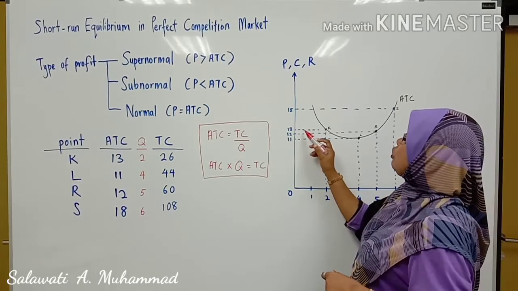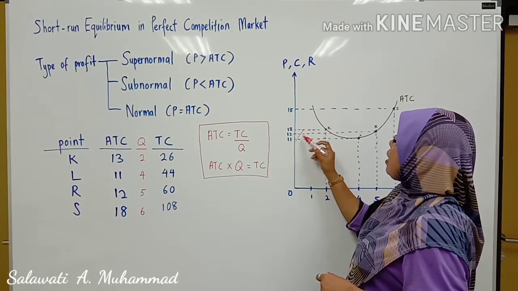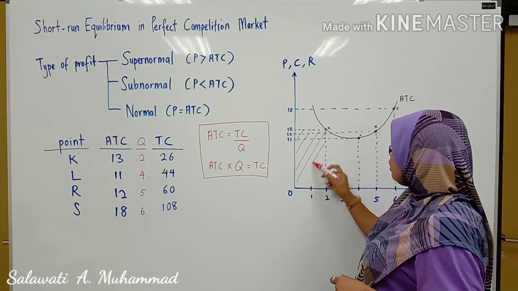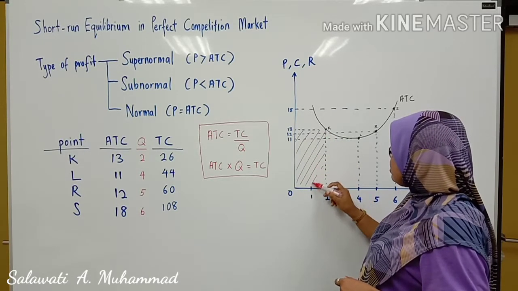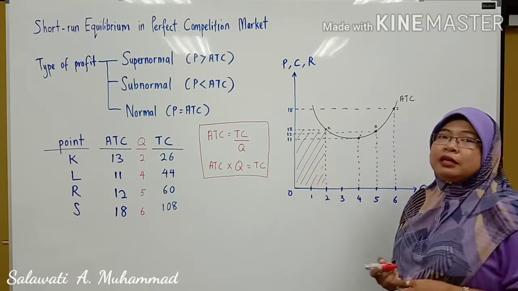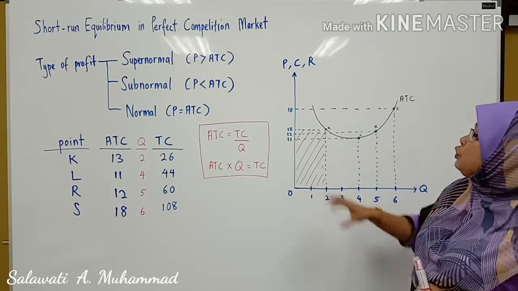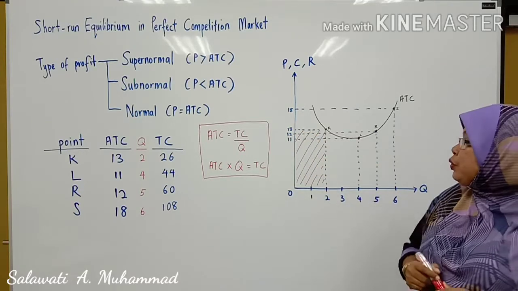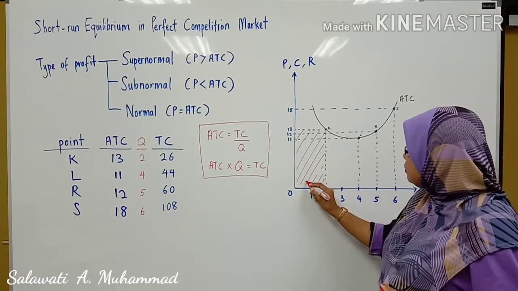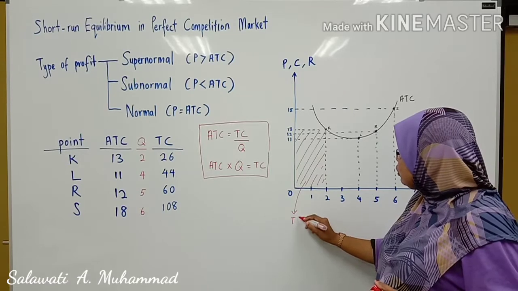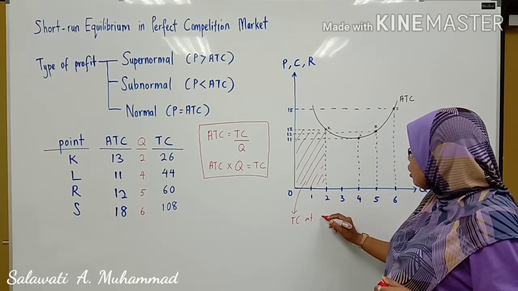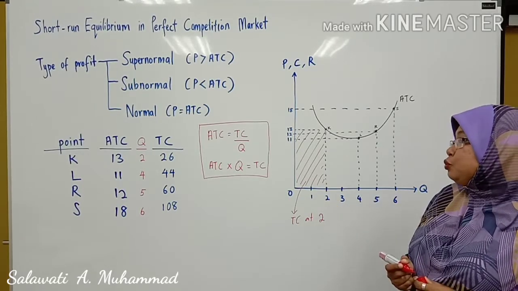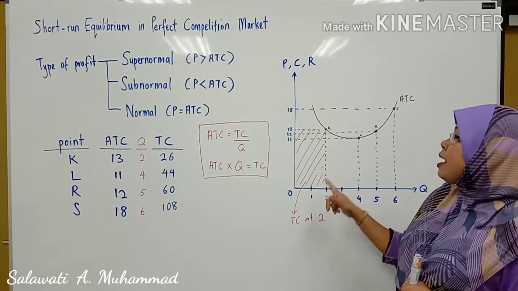The square area represented by point K is a box showing total cost at quantity 2.